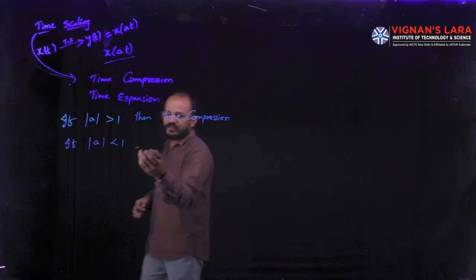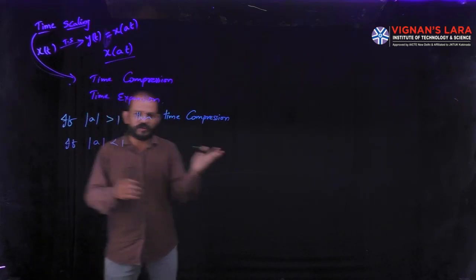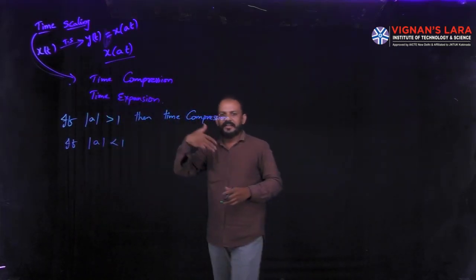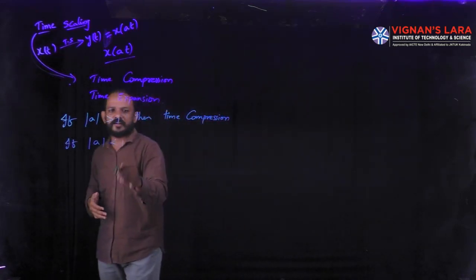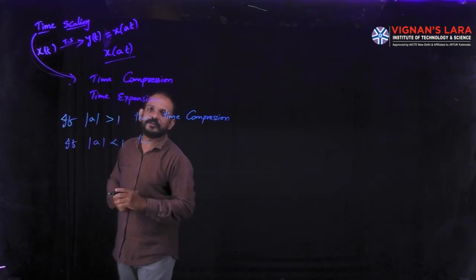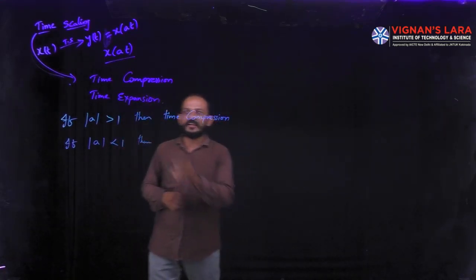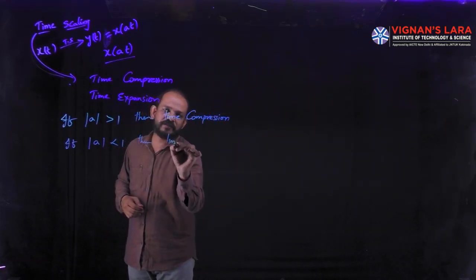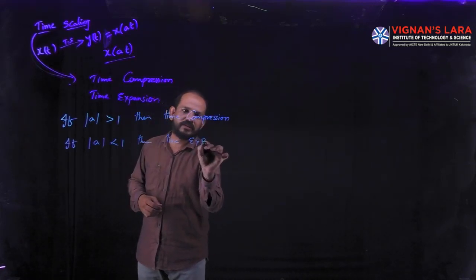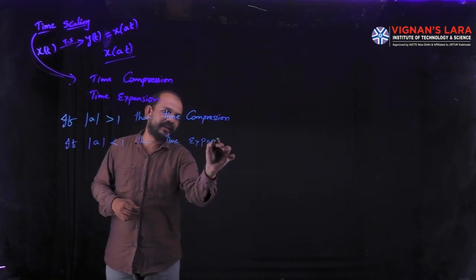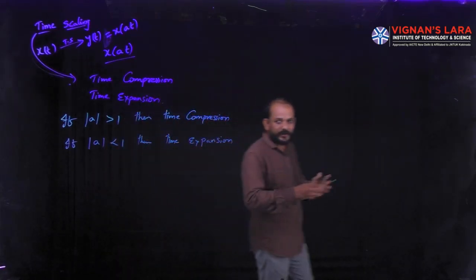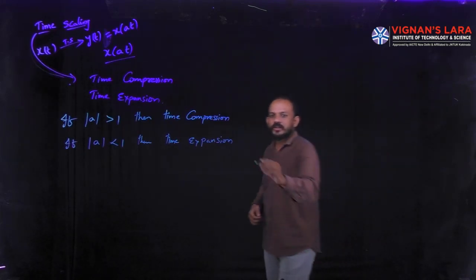In general we will take values like 0.2, 0.5, 0.9. If the value is less than 1, then there takes place time expansion. The signal will be expanded with respect to time.